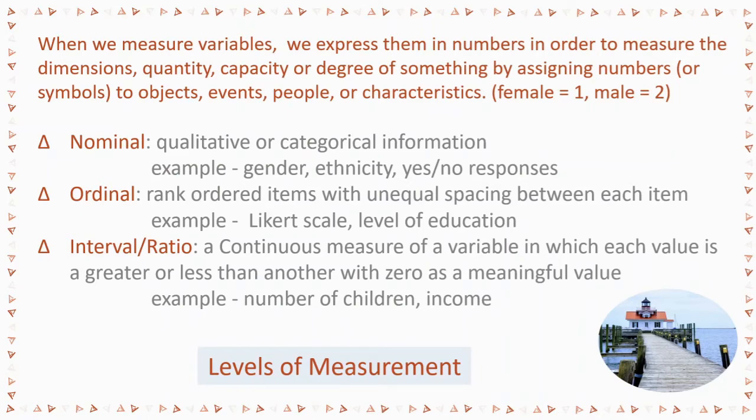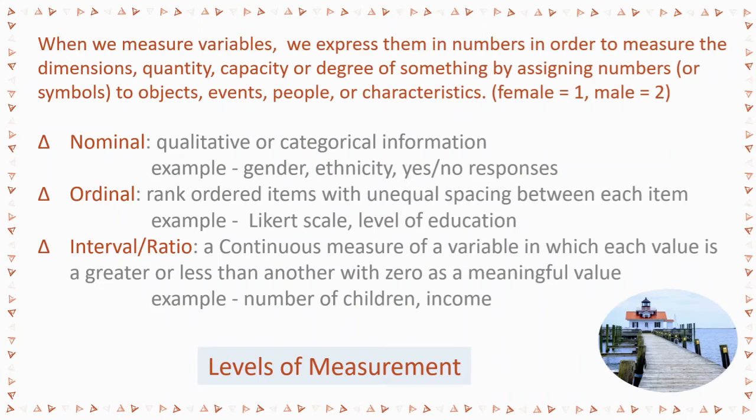These are also known as scale variables, continuous variables. This one gives you the example of number of children or income. So it's something where there's an equal distance between them, $100 and $104 and $112. The differences between these are equidistant, and they're on a continuous scale. So that would be classifying the variable as interval ratio.